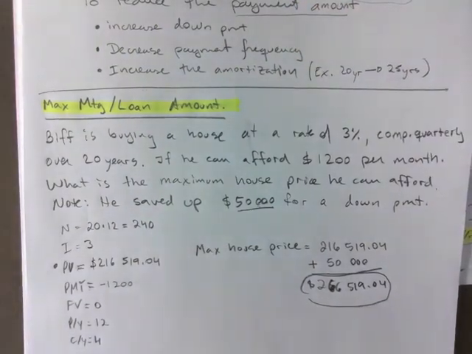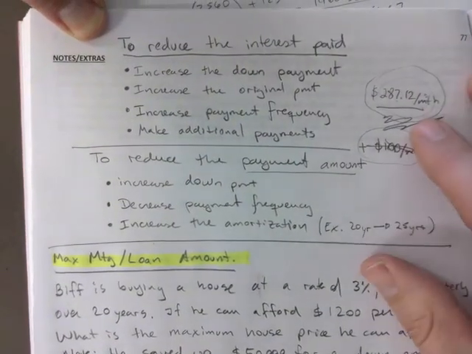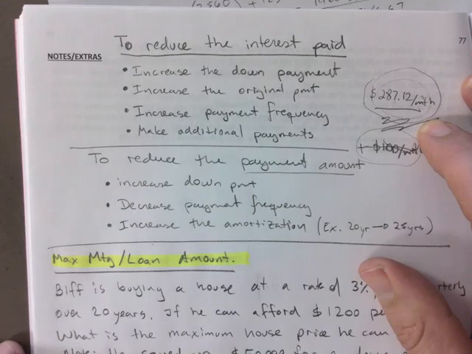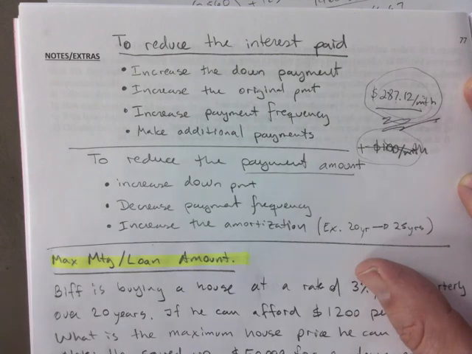To reduce the interest paid. And you all had very good answers there, so I'm not worried about that one. Honestly, out of all my classes, you all knew how to reduce the interest paid. For the most part, like I might be off by one, but you were all like, oh, just increase the payment, or just increase the down payment, take less time to pay it off, make an extra payment.